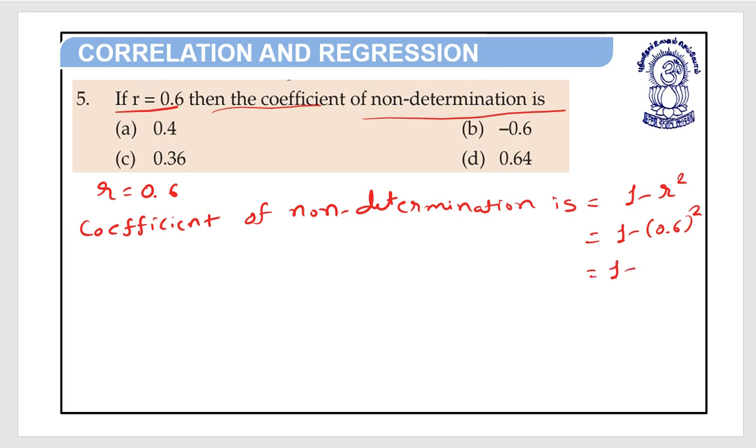So it is 1 minus 0.36 is equal to 0.64. So here option D is the right answer, 0.64.